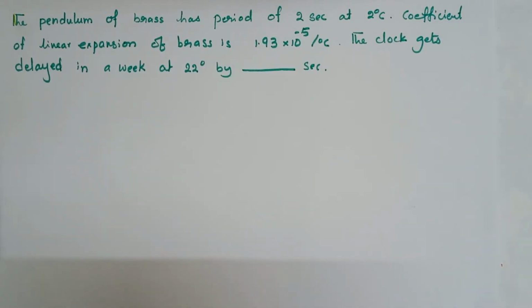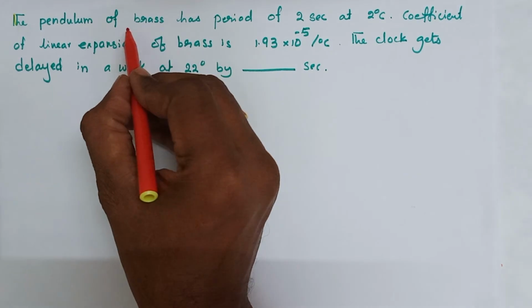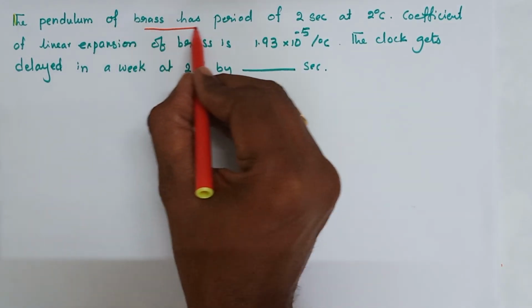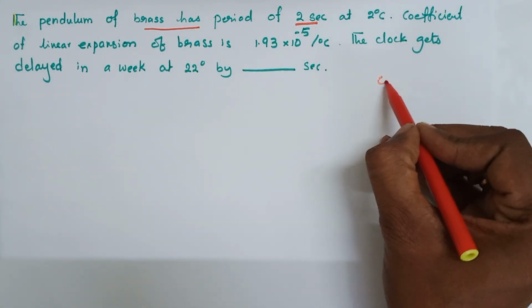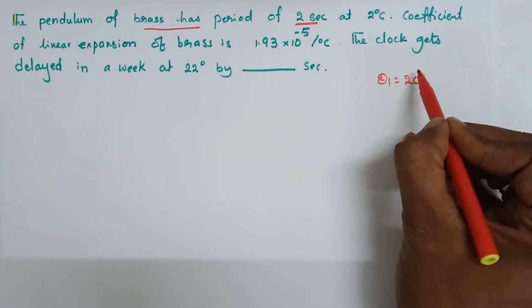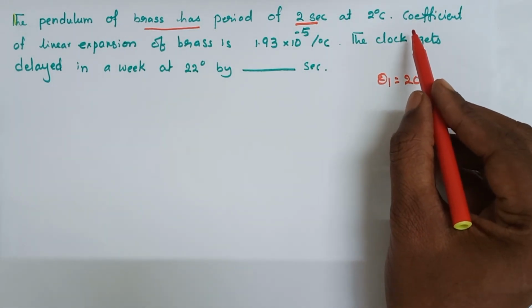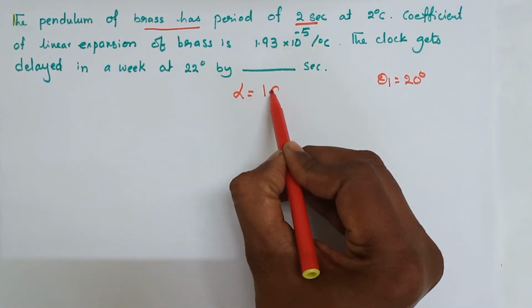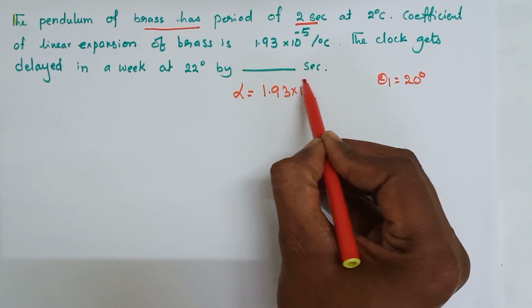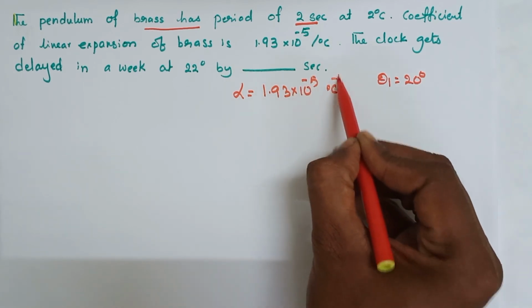Next is another problem related to alpha and clock problems. The pendulum of a clock made up of brass has a time period of 2 seconds at temperature theta 1 of 2 degrees centigrade, and the coefficient of linear expansion alpha is 1.93 into 10 power minus 5 per degree Celsius.